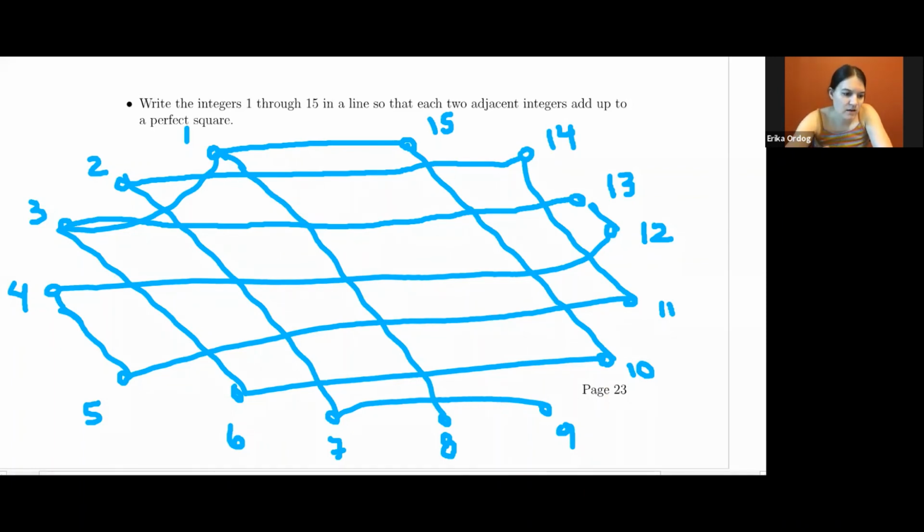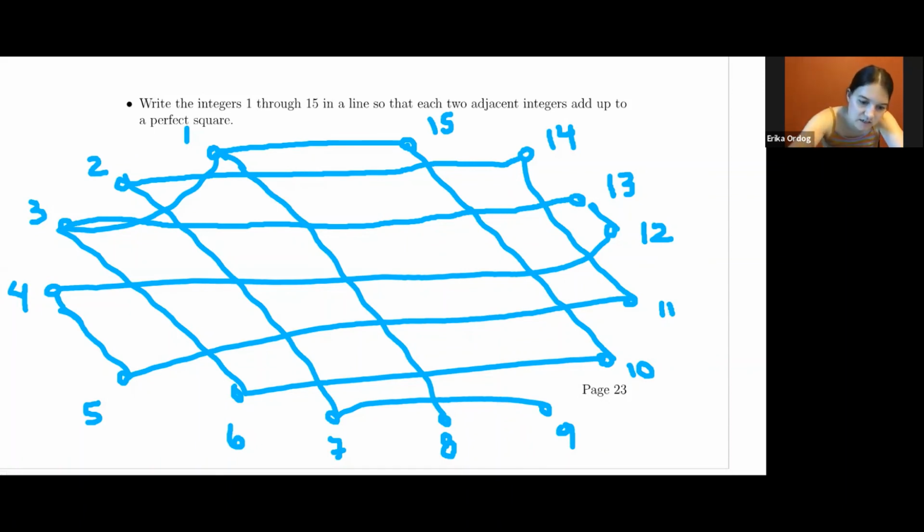Okay, and where should we start? Well, if we want to visit each vertex, then notice that 8 and 9, these two vertices have degree 1. So we're going to have to start at one of them and end at the other. Notice this means that there's no Hamiltonian cycle. If we leave 8, there's no way of getting back to it. Same for 9.